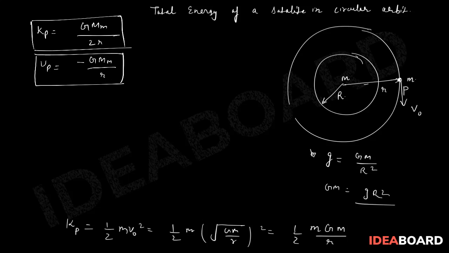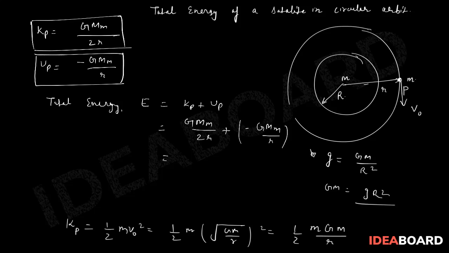Total mechanical energy, so total energy E will be equal to Kp plus Up at that moment. That would be GMm upon 2r plus minus GMm upon r. So this E will be equal to minus G capital M small m upon 2r.